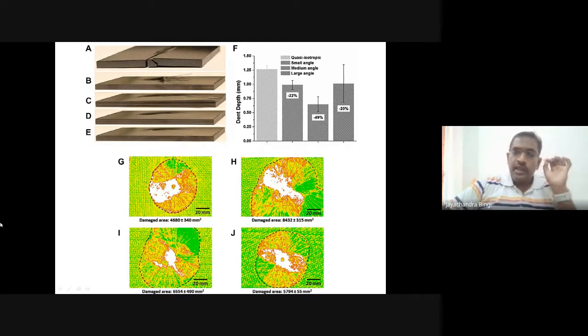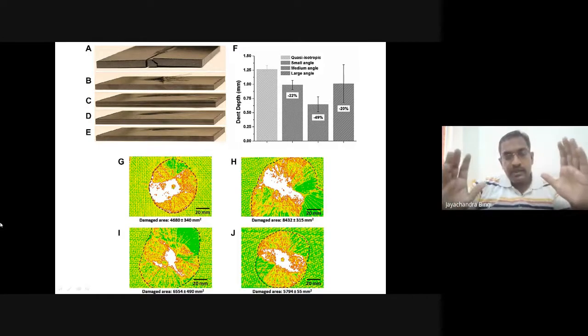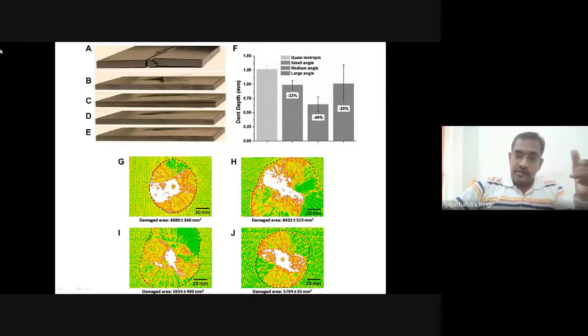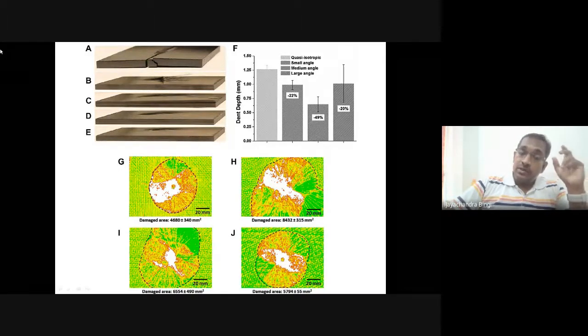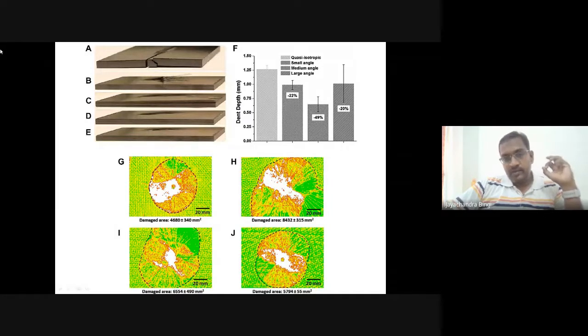Those are the hierarchical construction bioinspiration, a very good example of how you are going to understand nature, and how you bring those insights into your level of engineering or design understanding. So that is about hierarchical constructions.